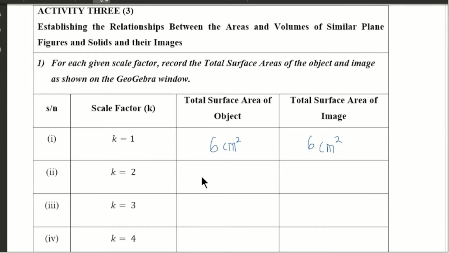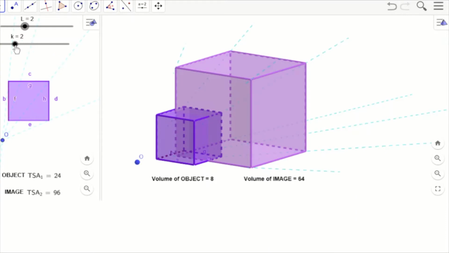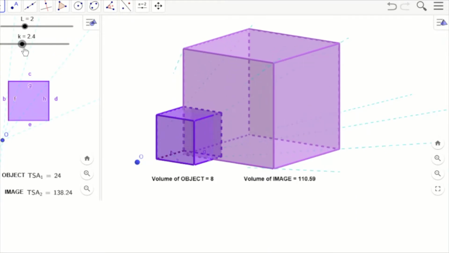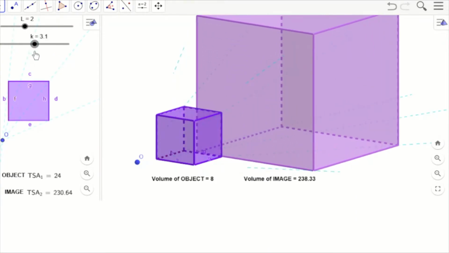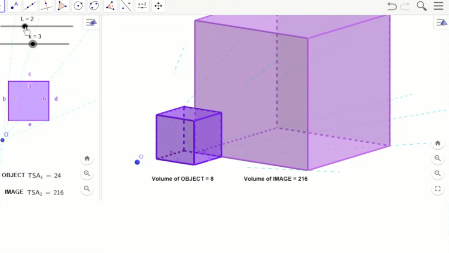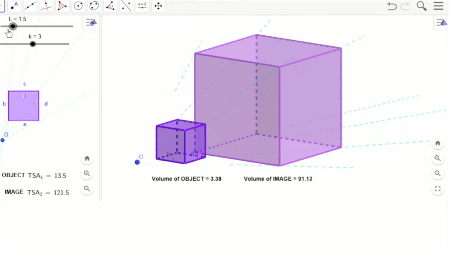So for the object we had 24 centimeters squared, and for the image we had 96 centimeters squared. Let's try a scale factor of 3. So we adjust the scale factor to 3, and in the same way we can choose any length that we want.